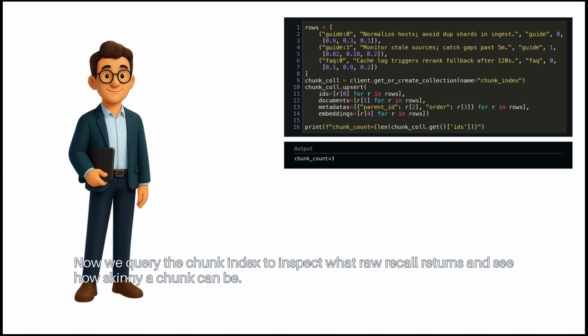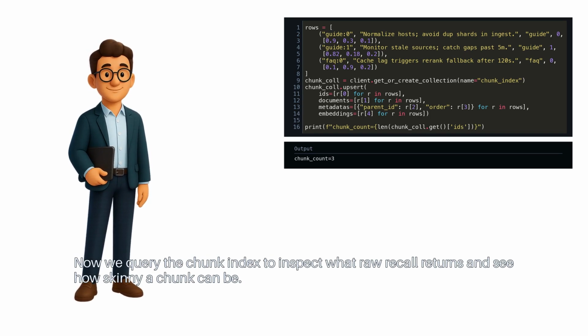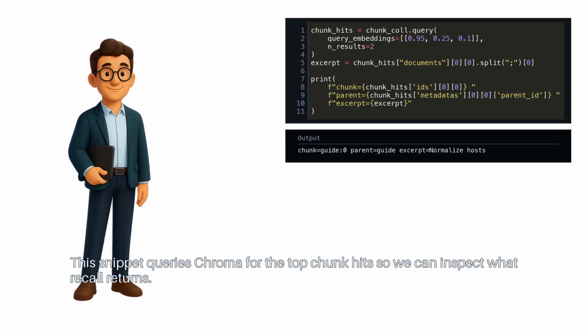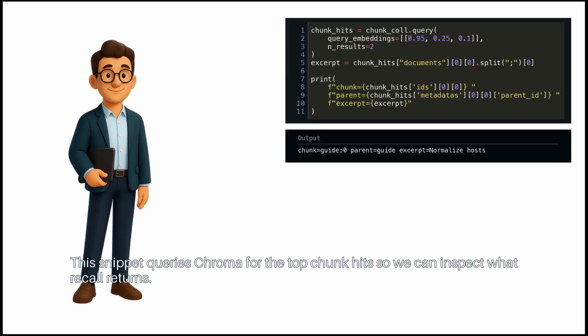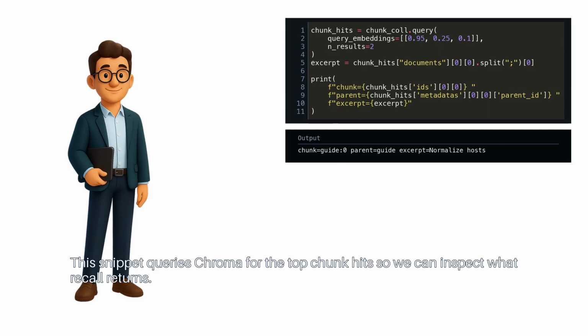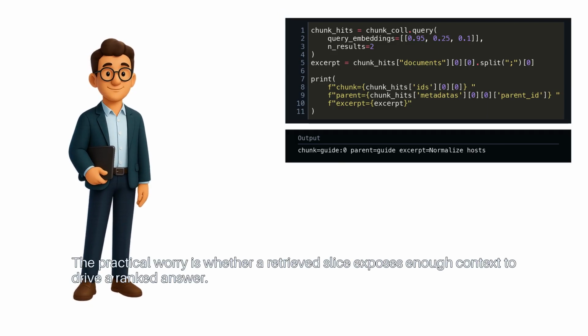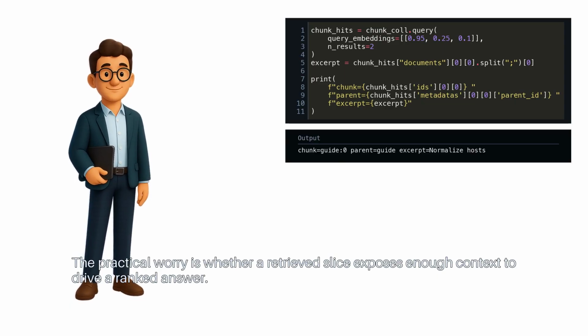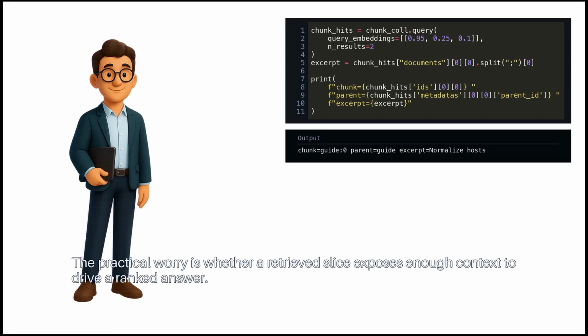Now, we query the chunk index to inspect what raw recall returns and see how skinny a chunk can be. This snippet queries Chroma for the top chunk hits so we can inspect what recall returns. The practical worry is whether a retrieved slice exposes enough context to drive a ranked answer.